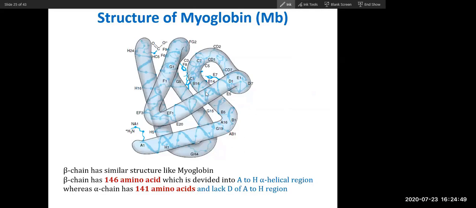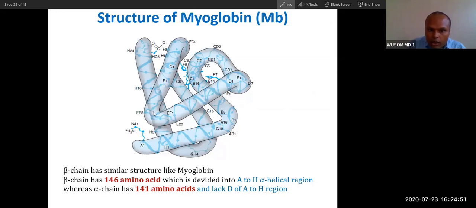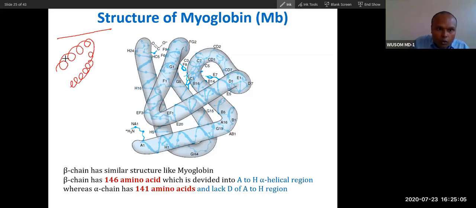Oh, the last part. So did you understand the whole structure of myoglobin? You can see this myoglobin is made up of 8 segments. This primary chain is folded into an alpha helix, and this alpha helix is folded into this type of segment. So this is the 1st segment, this is the 2nd segment, this is the 3rd segment, and this is the 4th segment.